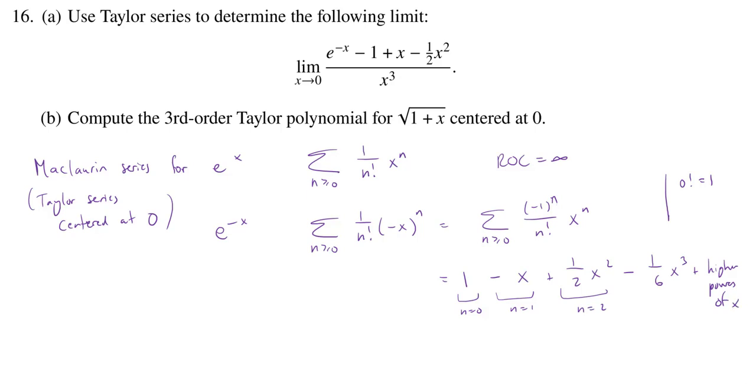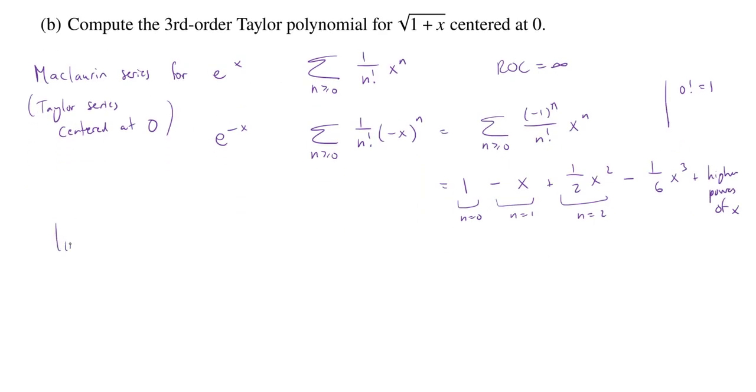I think we're making some progress here, because now when I take the limit as x goes to 0 of e to the negative x minus 1 plus x minus a half x squared over x cubed, I can rewrite this using the Taylor series for e to the negative x.